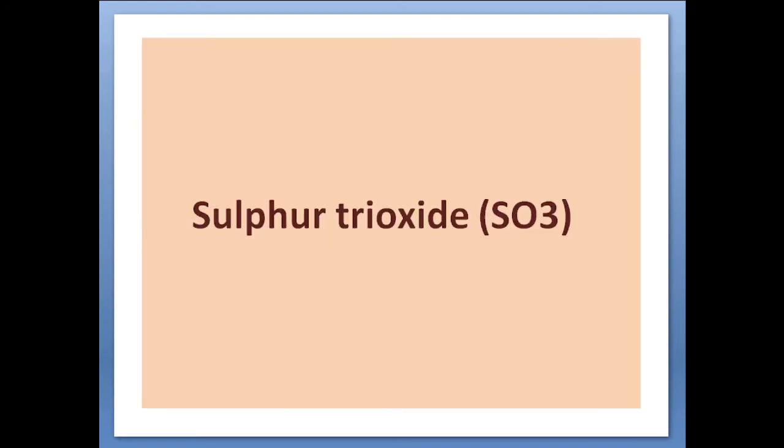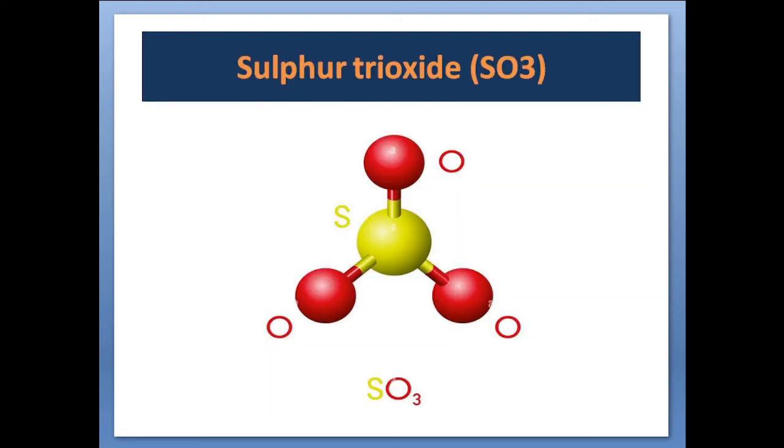Sulfur trioxide. In this molecule, the yellow atom is sulfur and the red atoms are the oxygens.